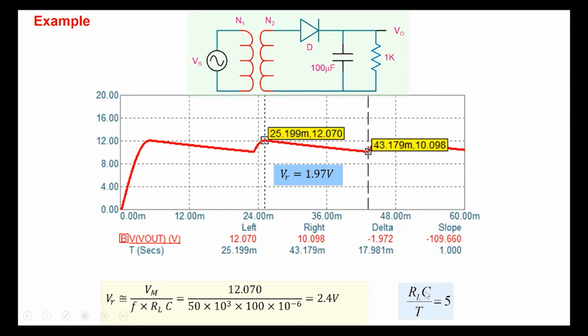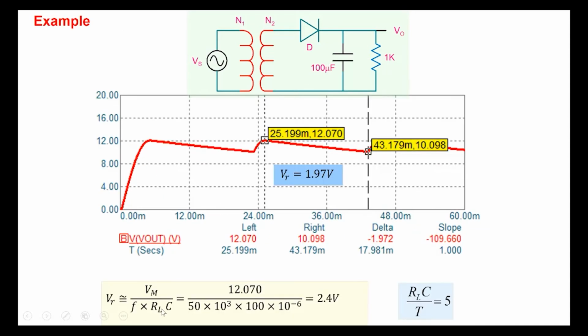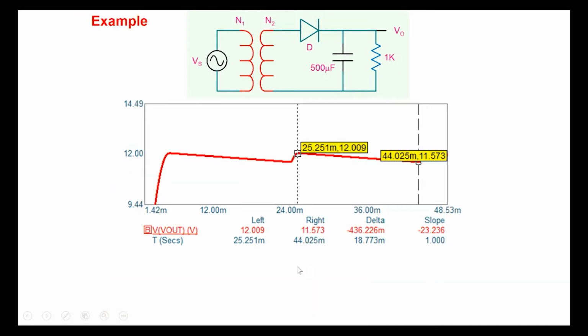In this case, RLC by T is 5. And note that if I increase from 100 microfarad to 500 microfarad, according to our expression, C has been increased by a factor of 5, and so the ripple should fall by a factor of 5. And this is indeed what we see here.